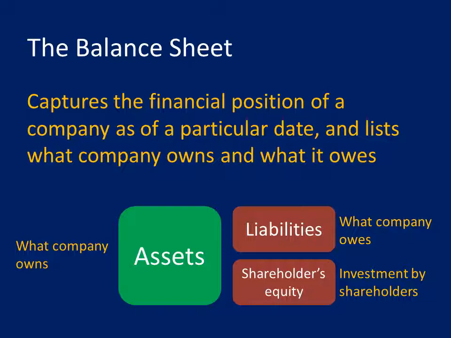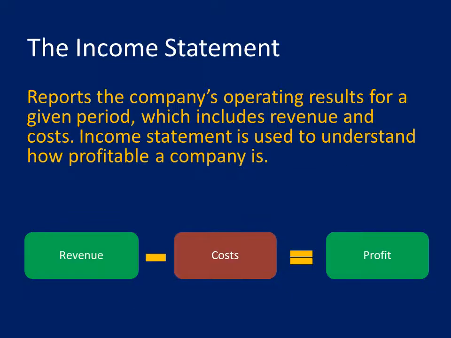Assets represent how the company uses its resources, whereas liabilities and shareholders' equity represent where the company gets its resources from. These must equal each other at all times. One of the most important things to remember about the balance sheet is that all items are recorded at historical cost. They are never updated to the current market value or prices.